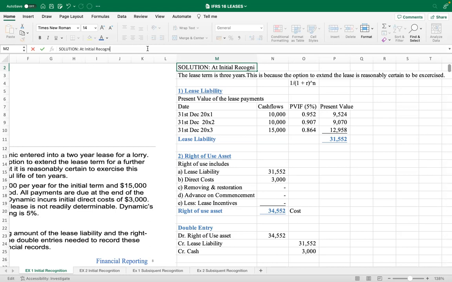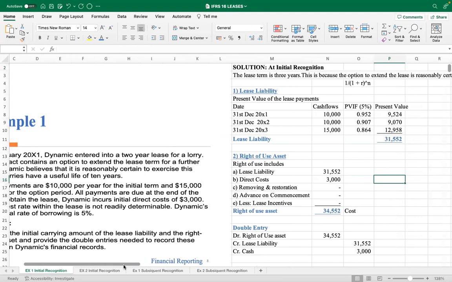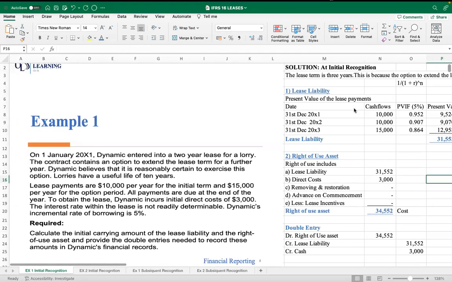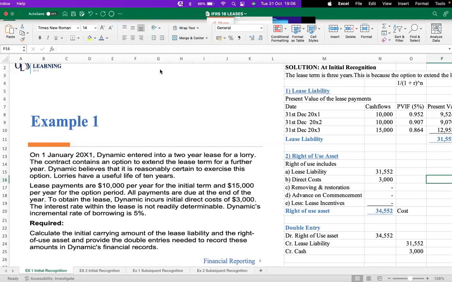But you know, as accountants who have done IAS 16, apart from initial recognition, there is also what we call subsequent recognition. But that is for another time. So let's go back to the slides.